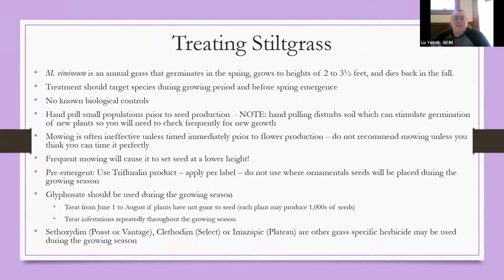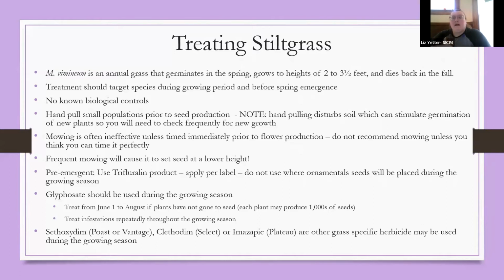Small populations can be hand pulled before seed production. Just keep in mind, anytime you're pulling something out by the roots, you are stimulating that soil. So if that population's been there a while, you're going to stimulate that seed bank, and then it's just going back and continuing monitoring.